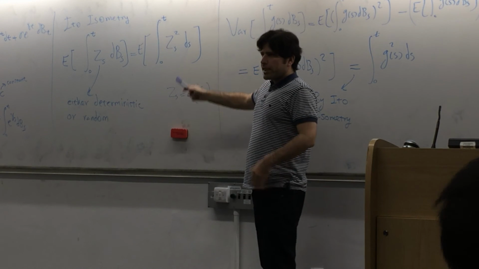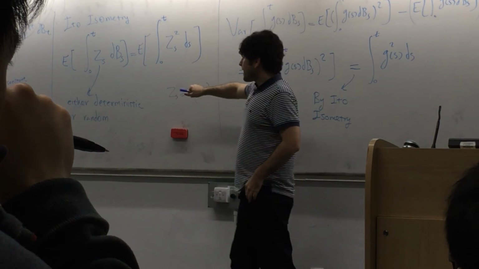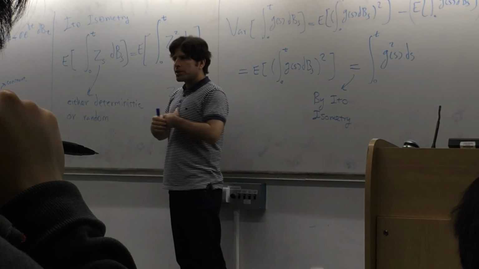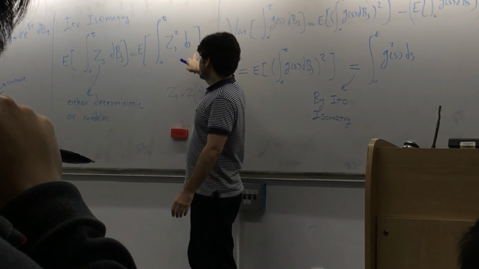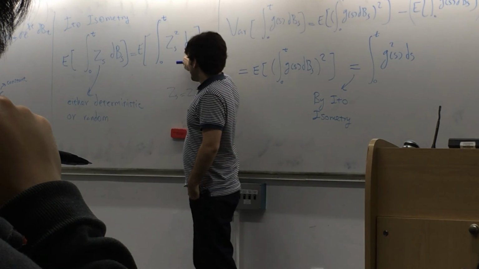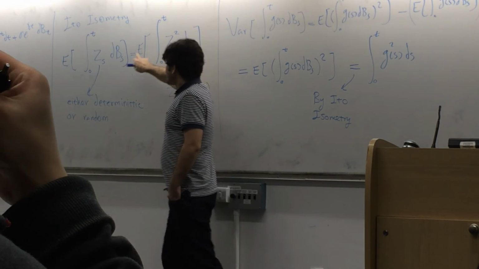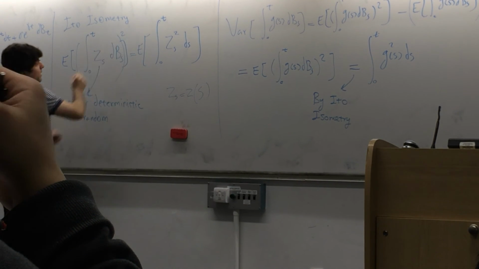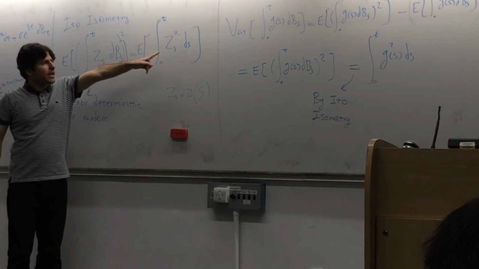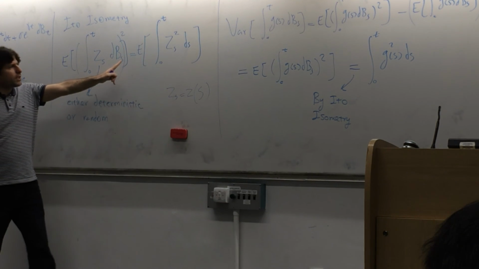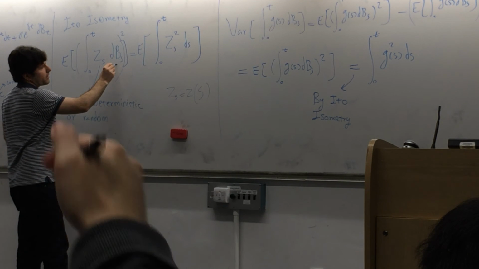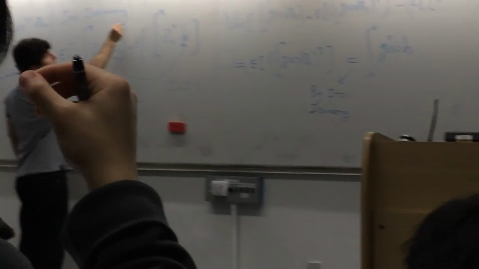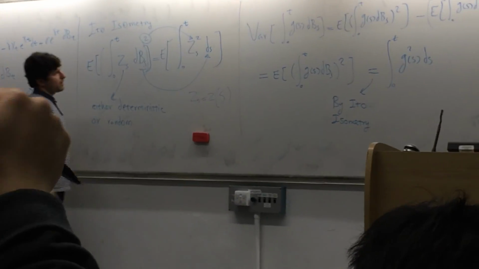The Ito isometry is very powerful in the sense that it's an identity in which the Brownian motion disappears. Look at the left-hand side: I take the square inside the integral, and I change dB to ds. Look at the changes.